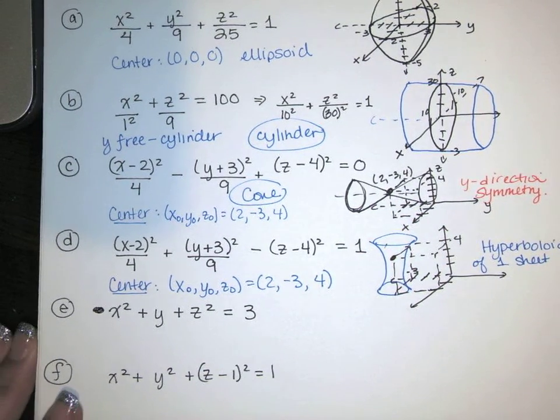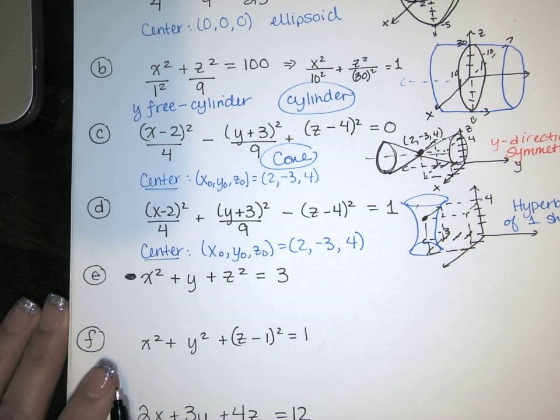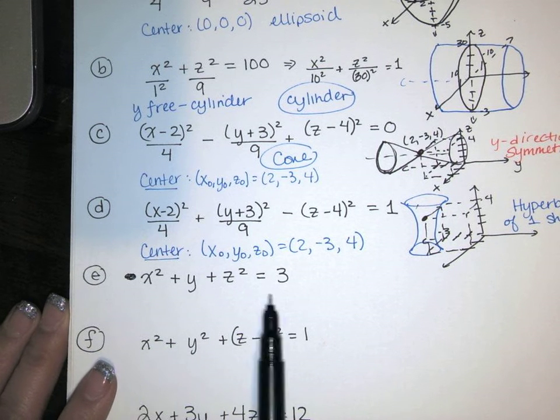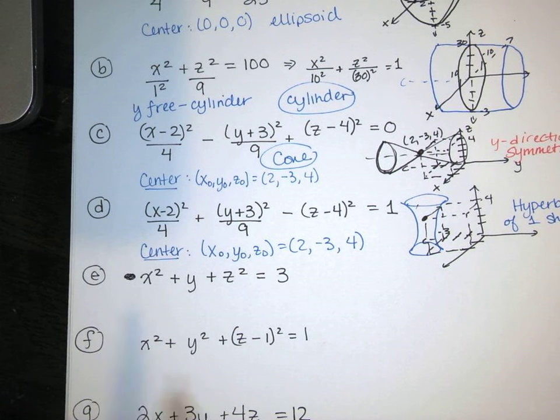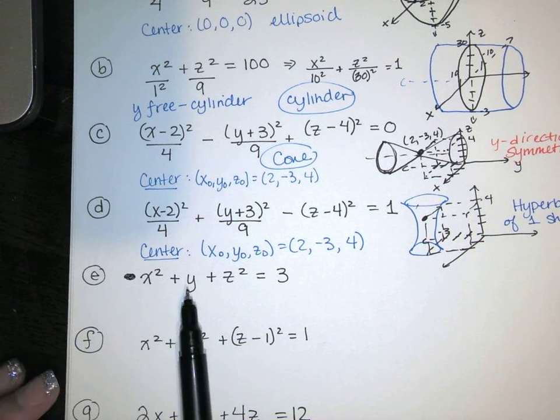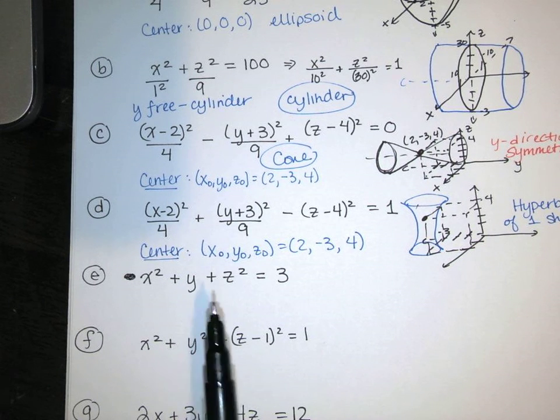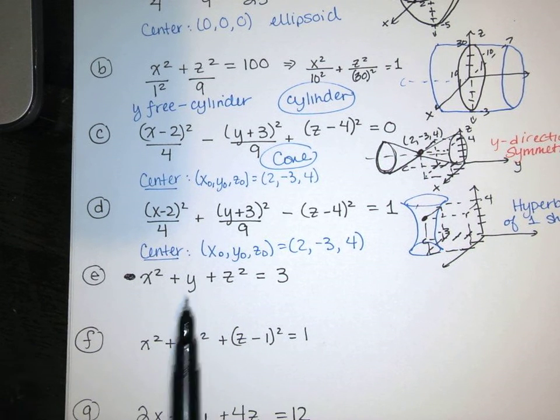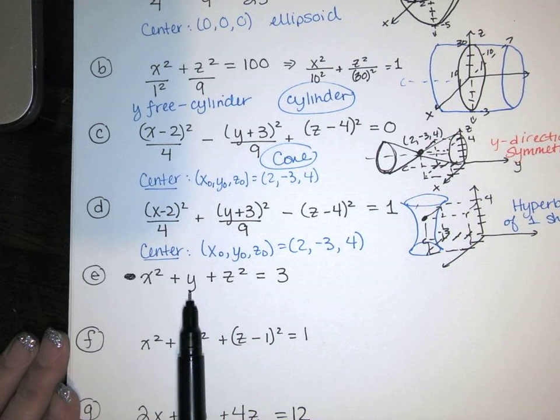Okay. What about this guy? This one, it's very tempting to get the wrong answer on this. But notice, this time all of our variables aren't squared. We've got a y to the first power. Whenever you have a variable to the first power, you want to get that variable by itself.